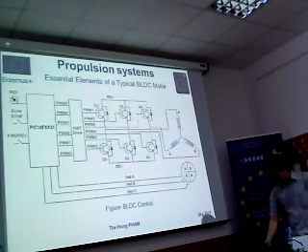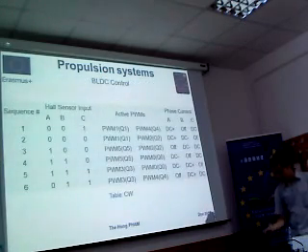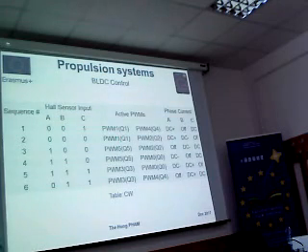Okay, and this is the sequence from 1 to 6. You can see here, for the first phase we have coil A and coil C. From coil A, DC plus, and here DC minus.